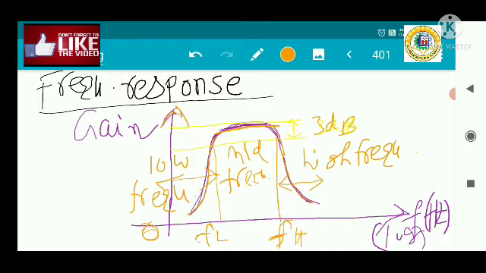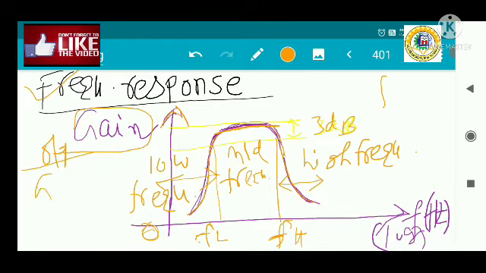Whenever we discuss the response of any kind of amplifier, it may be the time response, which is defined as the variation of the output with respect to time, or the frequency response. The frequency response is the plot of the variation of the output or the gain, and gain is nothing but output by input.